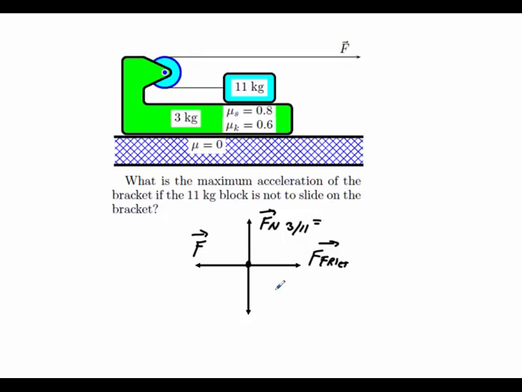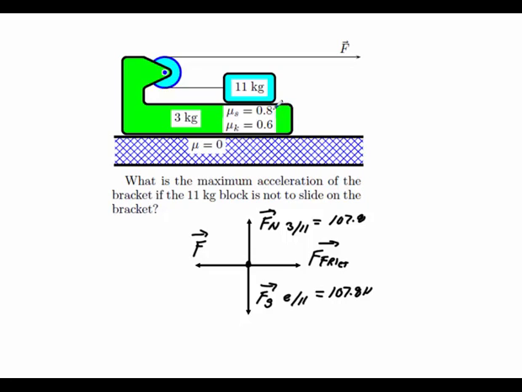We'll work that value in just a second. And now this is going to be the gravitational force of the Earth onto the 11. That's nothing more than 11 times 9.8, which gives 107.8 newtons. So that means this normal has to be 107.8 newtons.